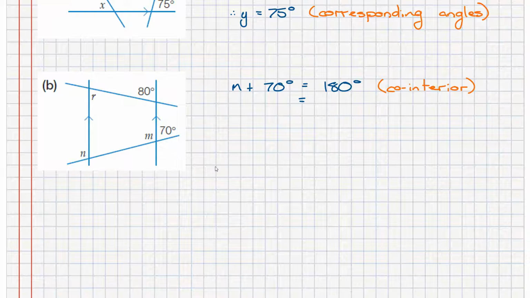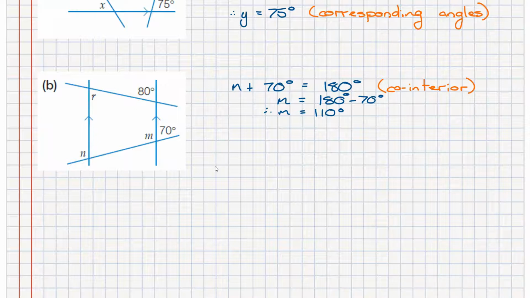It's no good to simply state what we see; we also have to write down the geometric property we're using. Rearranging, we get 180 take 70, and therefore our value for m is equal to 110 degrees. So this one is now done. That's 110 right there.